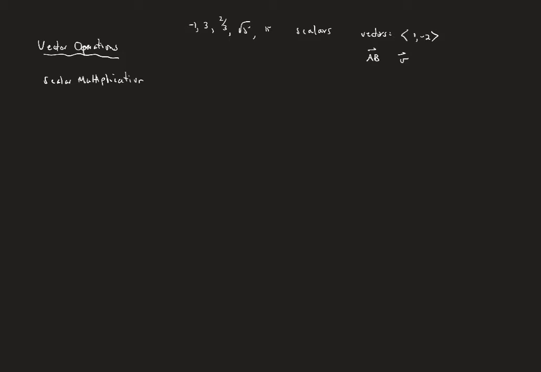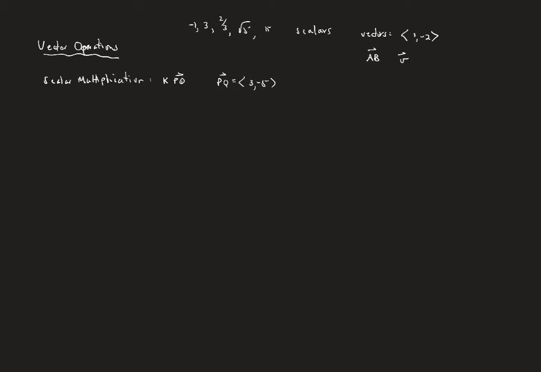So scalar multiplication refers to when we take an ordinary number k and then times a vector, say pq. And so if we have, say, pq, I'm just going to come up with this vector and say it's going to be, say, 3, -5.